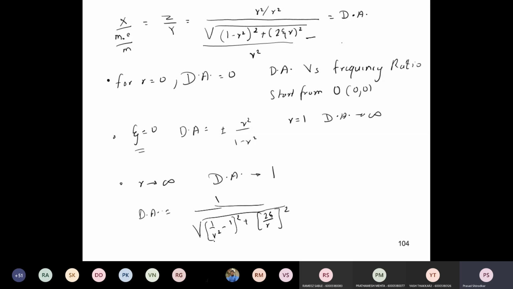And if r tends to infinity, then this dimensionless amplitude tends to 1, unity.